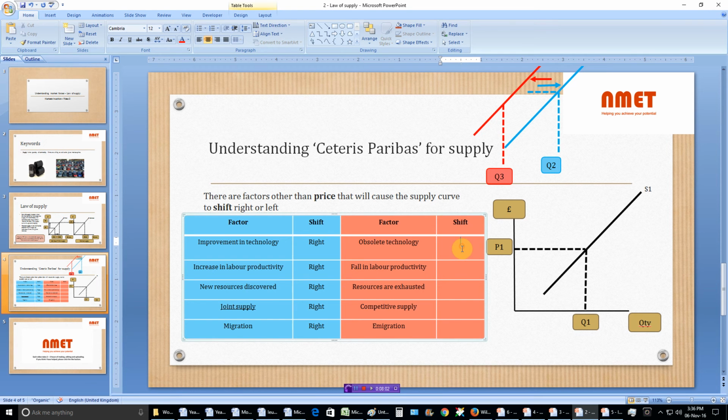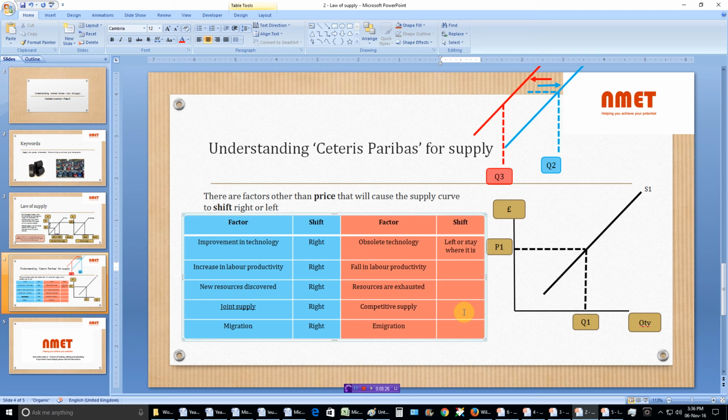On the other hand, if the technology becomes obsolete and people don't know how to use it, what will happen to the supply curve? It will go left. Or it might just stay where it is, isn't it? Yeah. If labor productivity falls because they're demotivated, what happens to the supply curve?